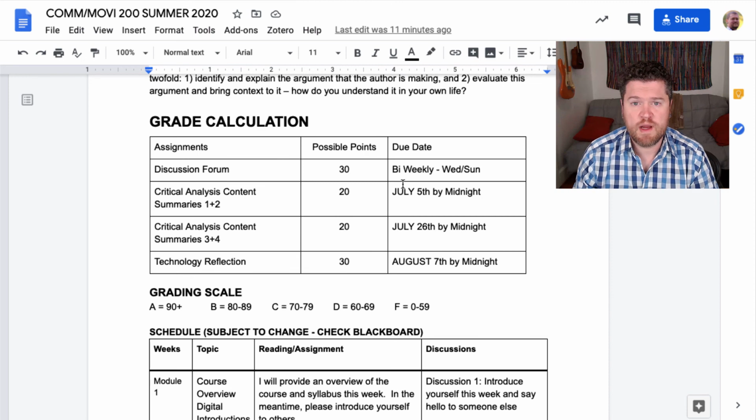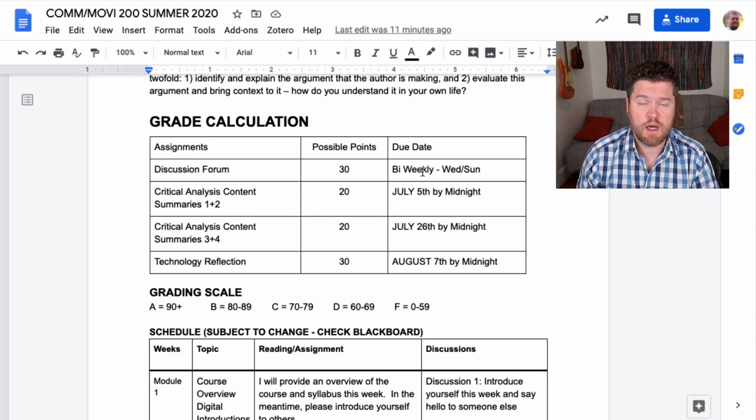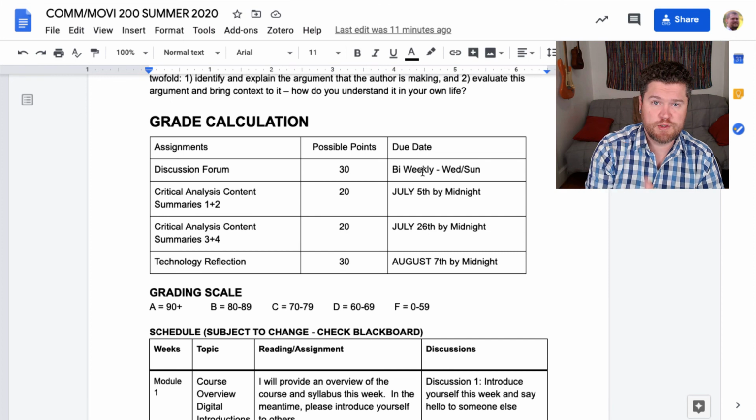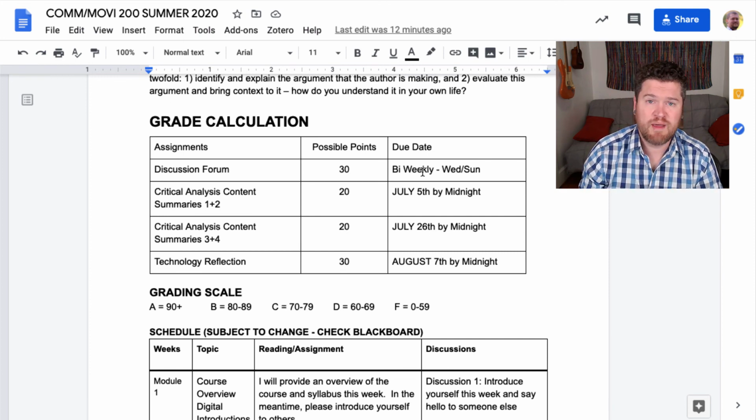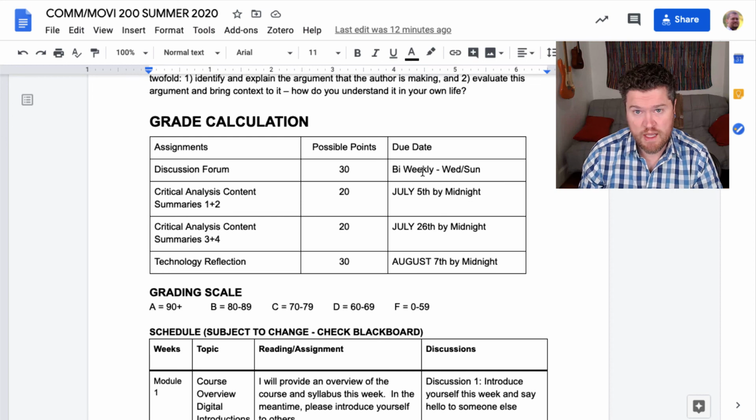30% of your grade is the discussion forum. It is due bi-weekly. Your first discussion should be due on Wednesday, and then the second one on Sunday. Because this moves really fast, I would suggest that you have your initial post written by Wednesday for the first module, and then the reply on Thursday.